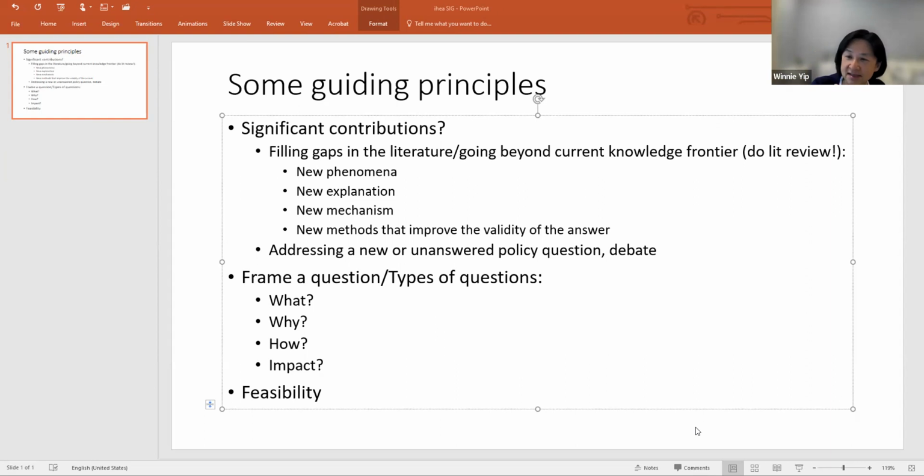Because debate means the question usually has already been generated, but the pros or the cons are not quite settled. And then you ask yourself, is it just because the data is not good enough, the method is not good enough, or is the debate not being settled because there is some underlying new explanation or mechanism that has been ignored before?